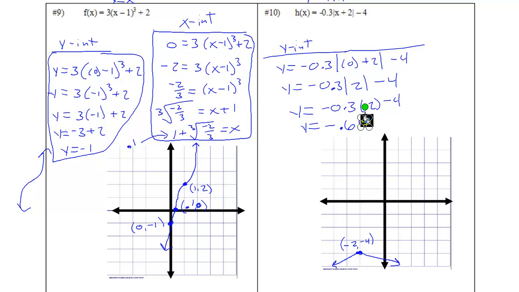Negative 0.6 minus 4 is negative 4.6. It's the y-intercept. Once again, you could have used your calculator for that. So that's number 10.